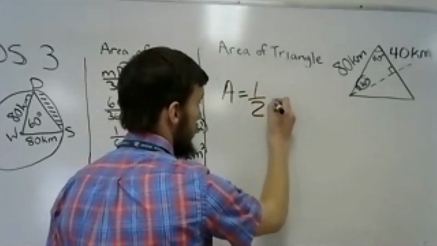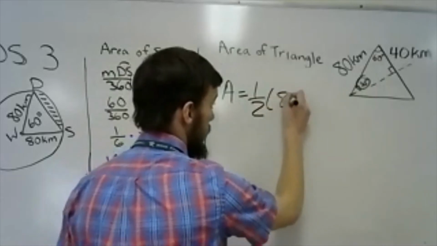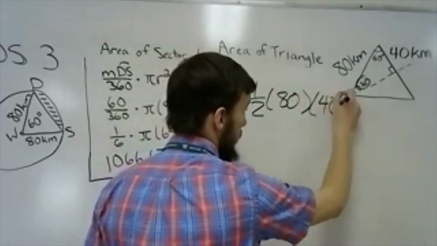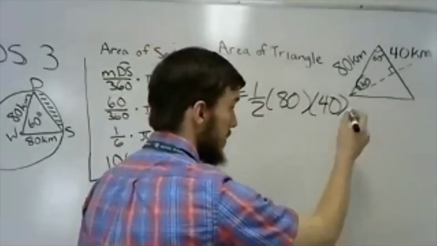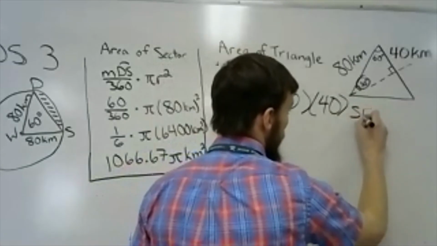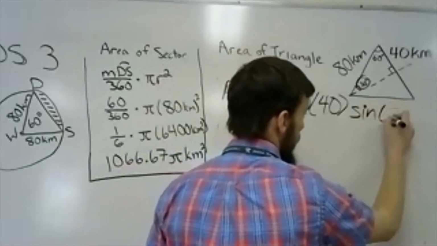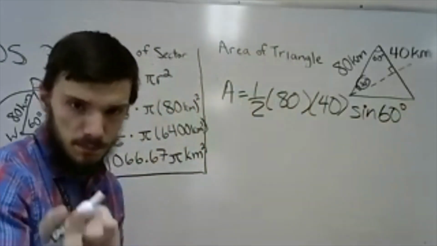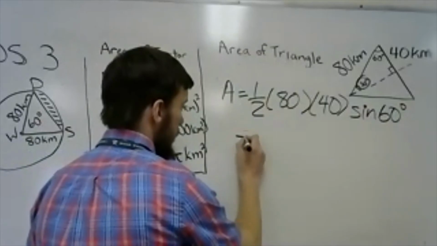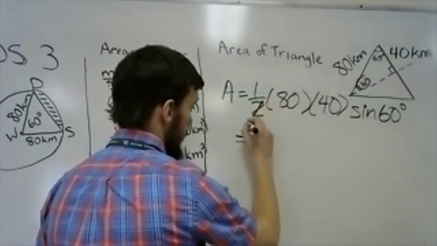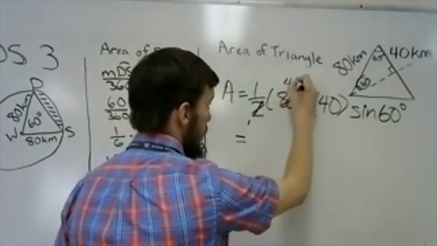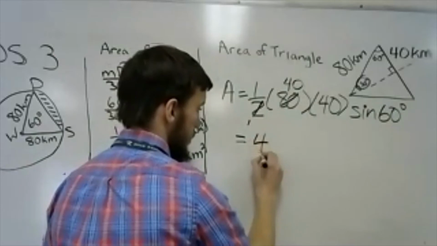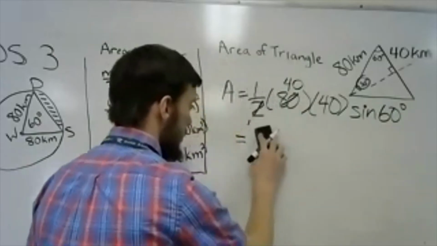is 1/2 times one of our sides times the other side, excuse me, times the sine of the angle in between them. So when we work this out, we'll cancel that out. We get 40 times 40, which is 1,600.